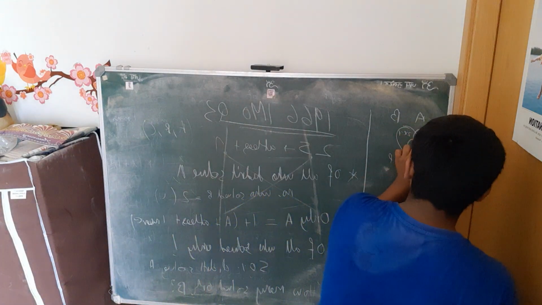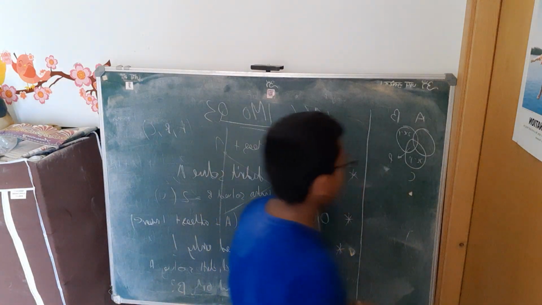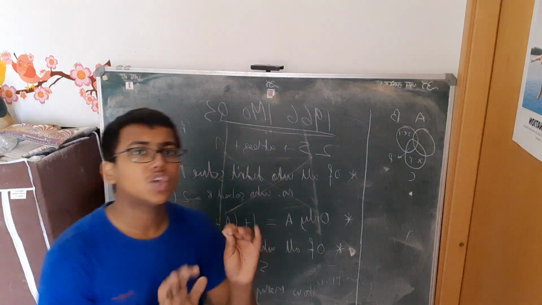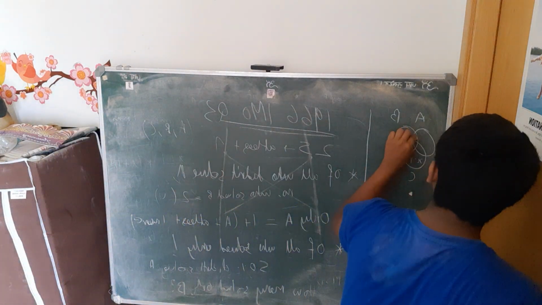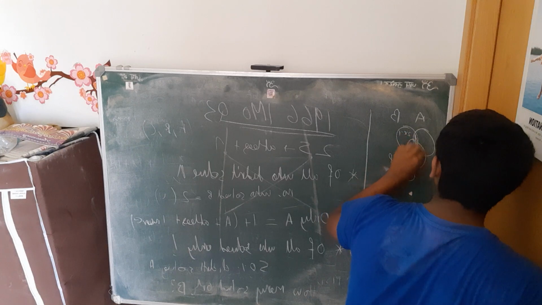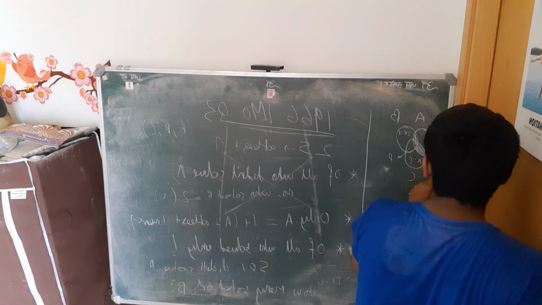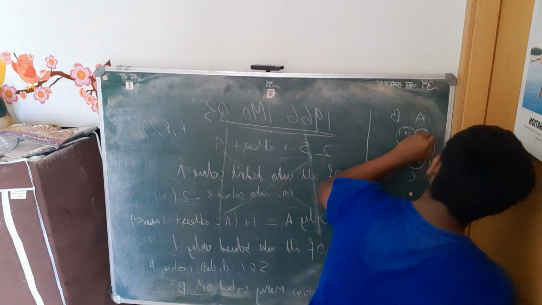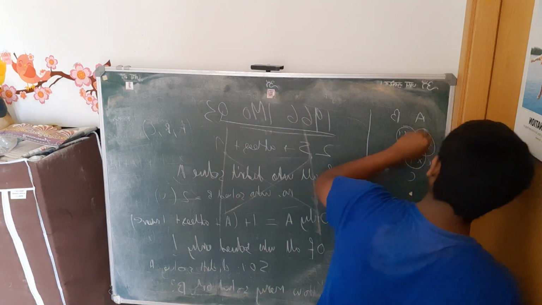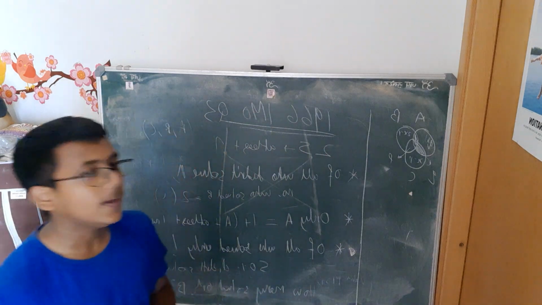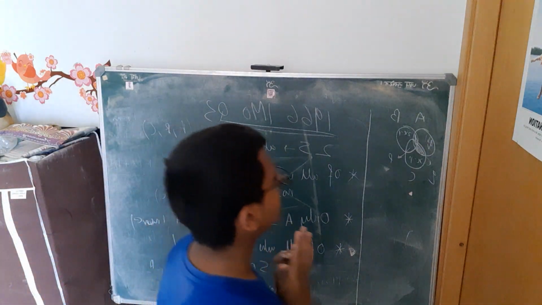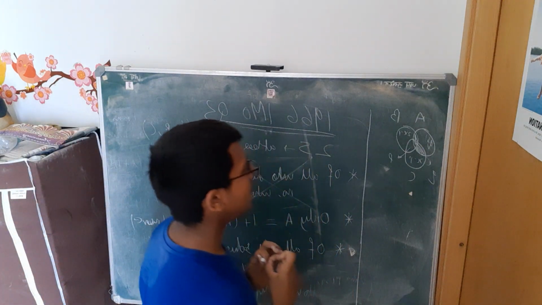So this region, let's say I'm attributing the name Q. This whole shaded region I have here, the common region, is Q. Then this place will be Q plus 1. Q plus 1.